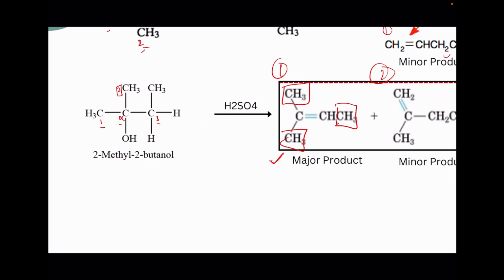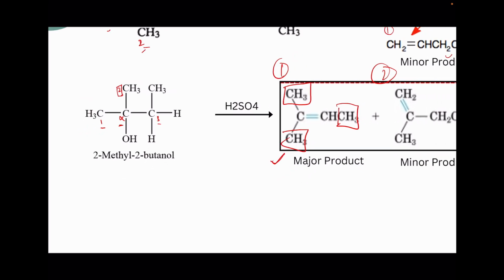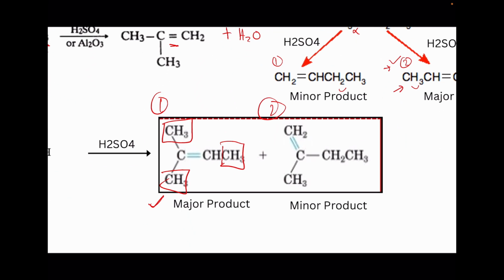When the alpha carbon forms the double bond with the second carbon, you get a structure where at the C=C only 1 and 2 alkyl groups are attached. That's why the first structure is the major product.